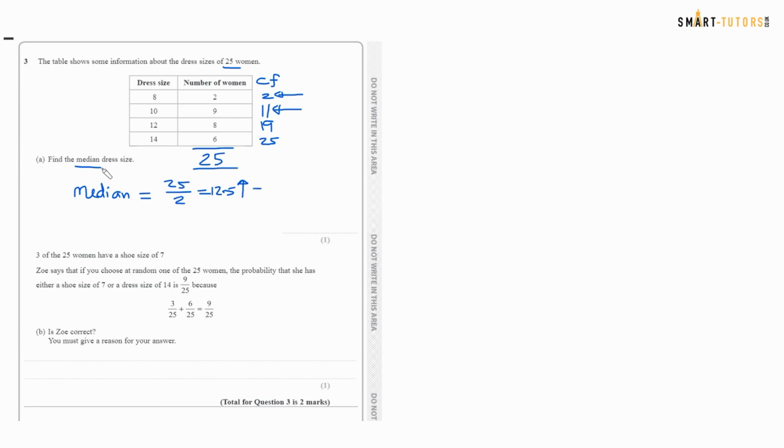So 13th data, so I'm just going to put an arrow here. So I am looking for 13th term. The 13th term is going to be falling in the third group, which is 12. So the answer for the median is 12.